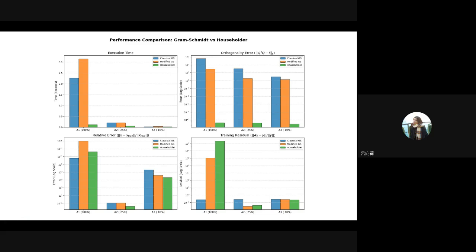Okay. Next we're going to talk about the relative error. The relative error for A1 and A3 sticks to about 10 to the 12 and 10 to the 5.